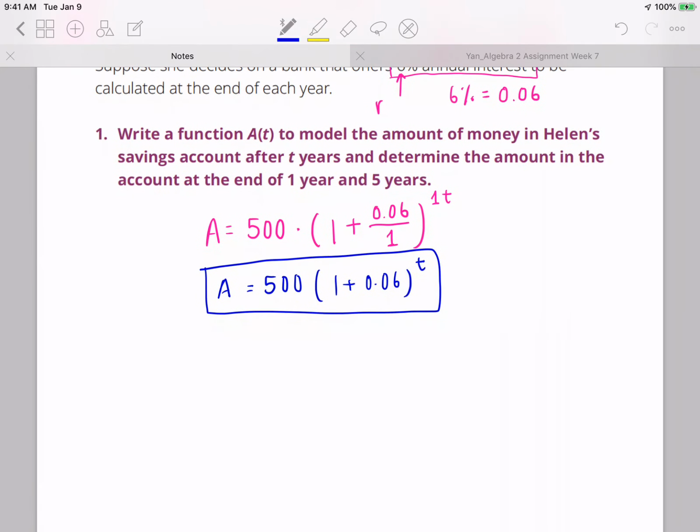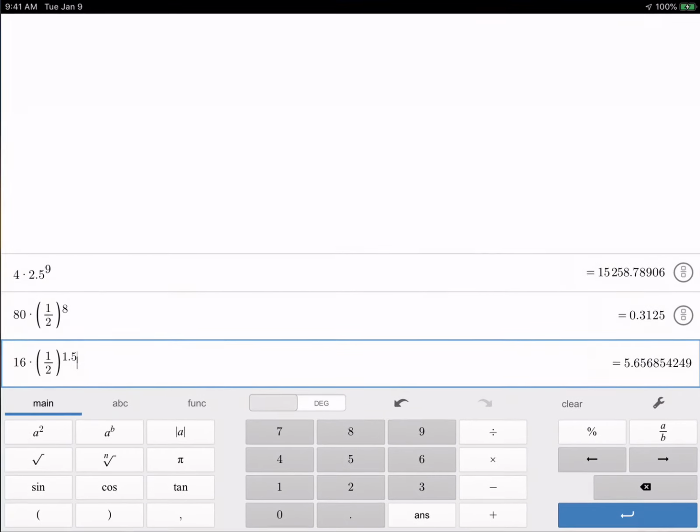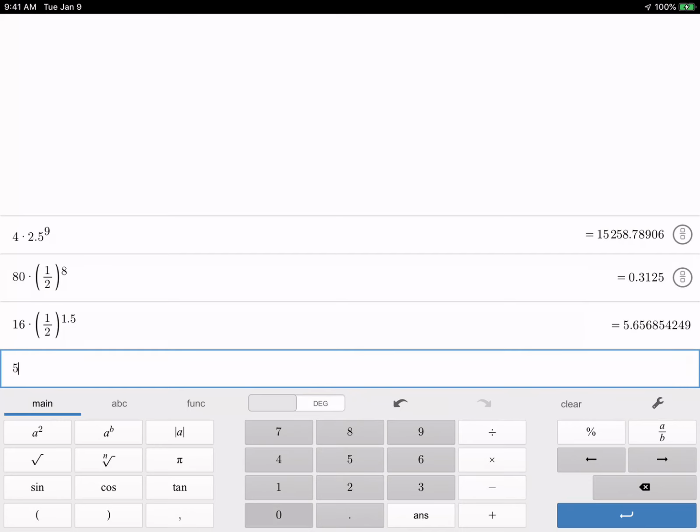So I'm going to put in 500 times 1 plus 0.06 to the 1, and 500 times 1 plus 0.06 to the 5th power. What do these give me? The first one, let's go to our calculator. I have 500 times 1 plus 0.06 to the first power, right?